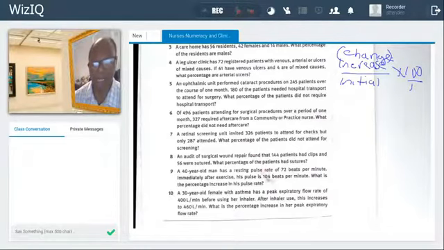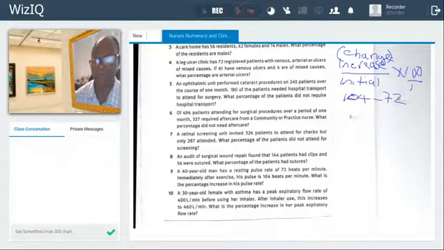So where we are now is 104 minus where we started, which is 72. Okay, so if we subtract that, we are looking at the change, or the increase.